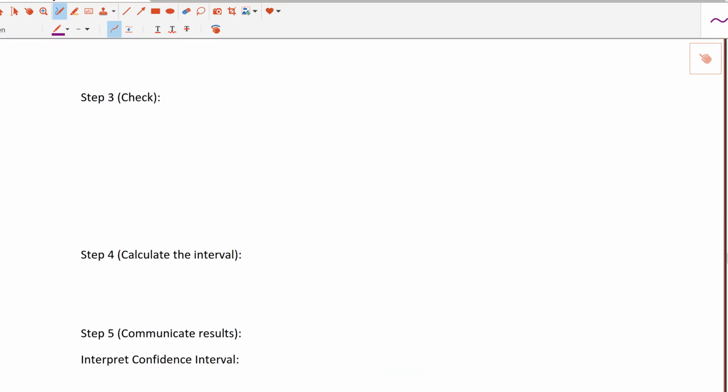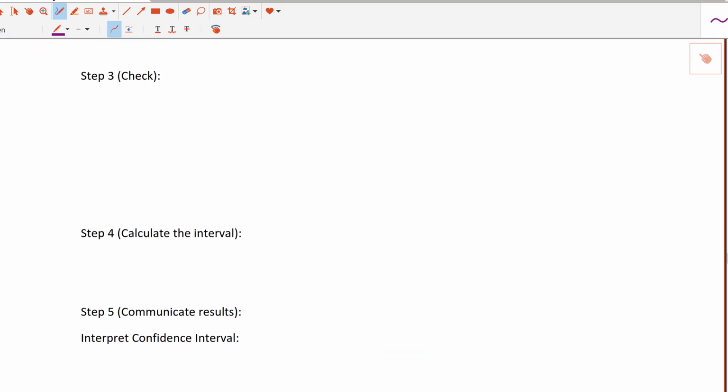All right. So now we are going to check our conditions. Remember that once we decide what method we want to use, we have to have our assumptions met or we can't use it. So first we have to say, is this a representative population or was it a random sample?